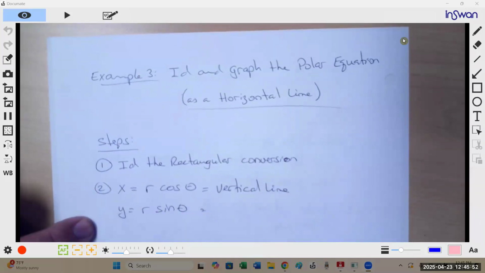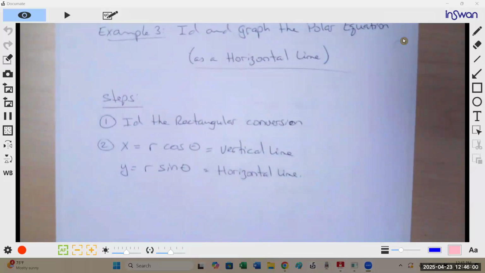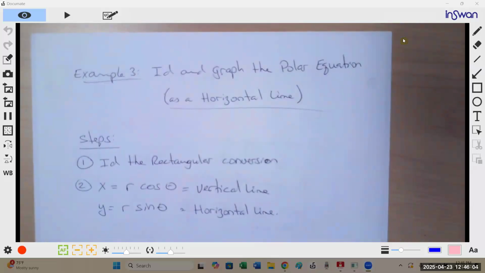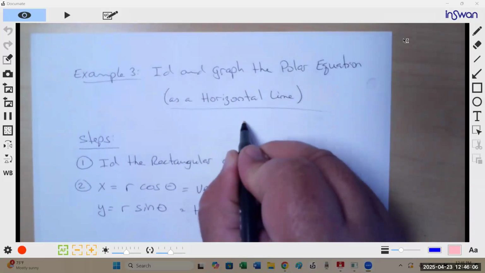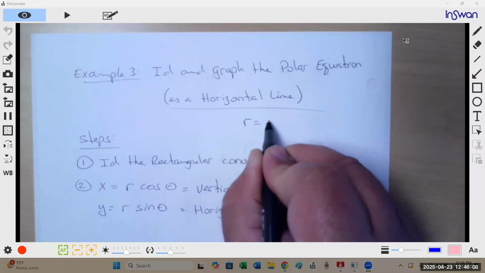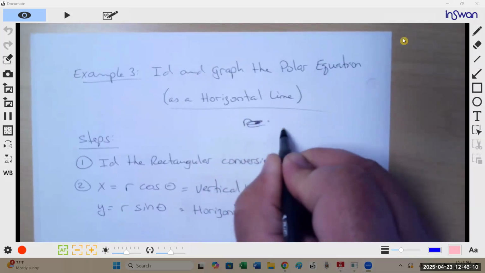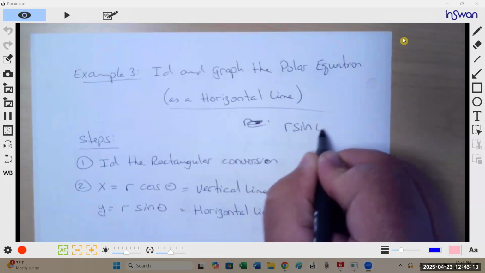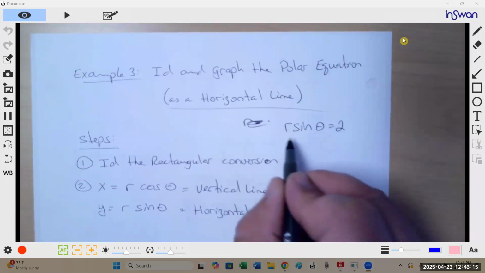If it's y equals, then it's a horizontal line. So the equation we're using for this example is r sine theta equals 2.